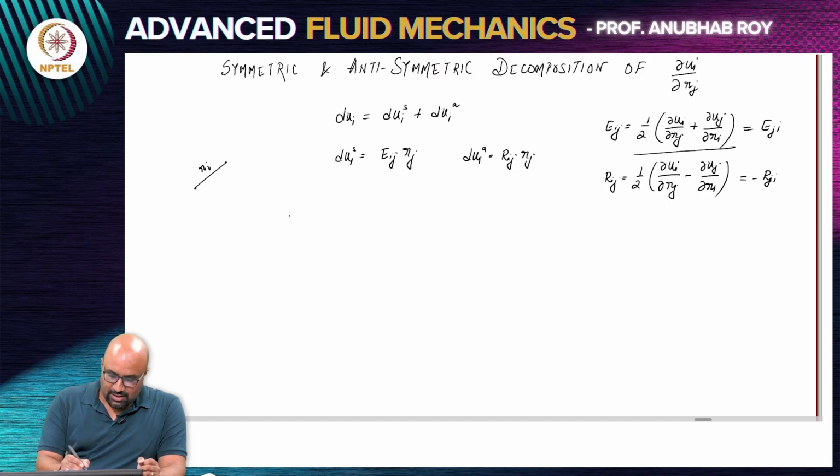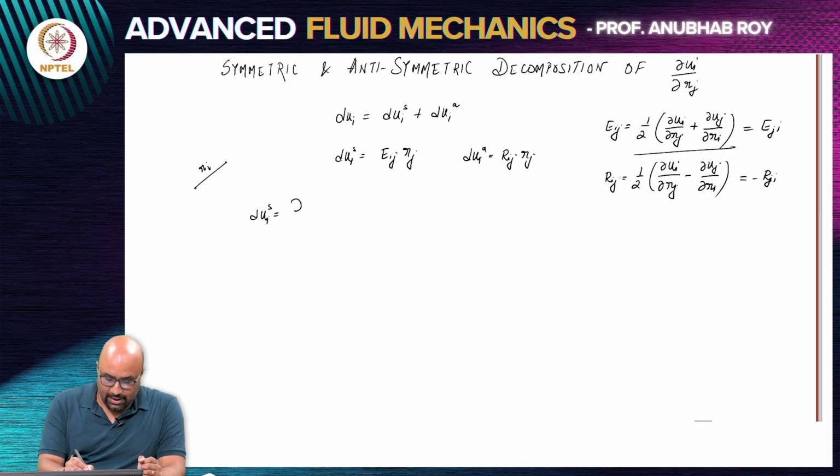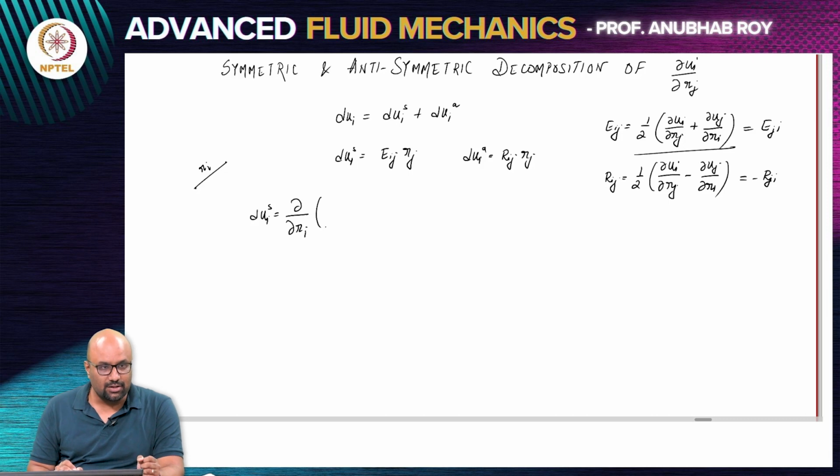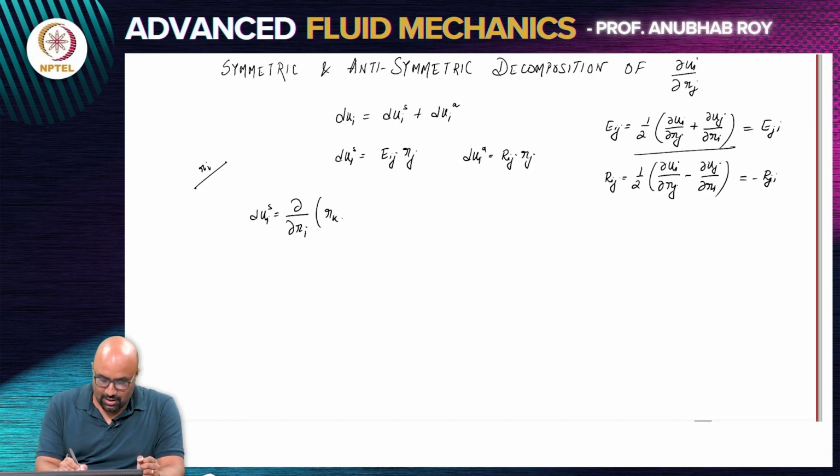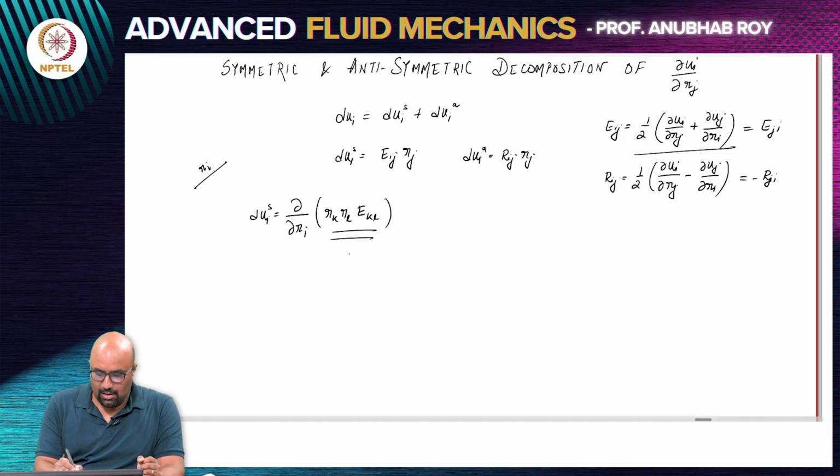So, we saw for the symmetric part that this object, which is the symmetric component, can be written in terms of a gradient of a scalar function, and that scalar function is expressed in terms of the rate of strain tensor.